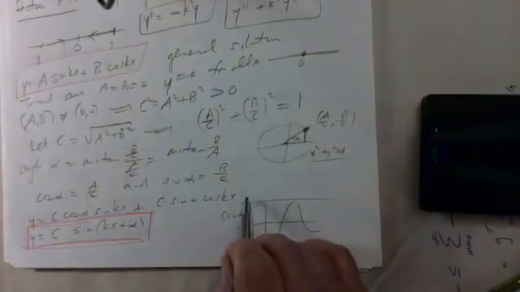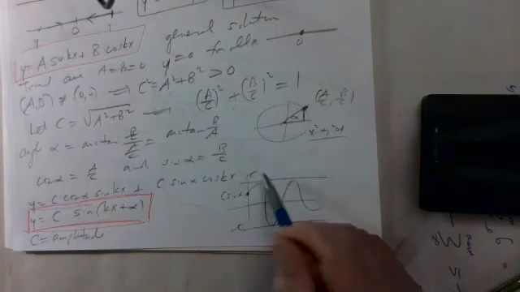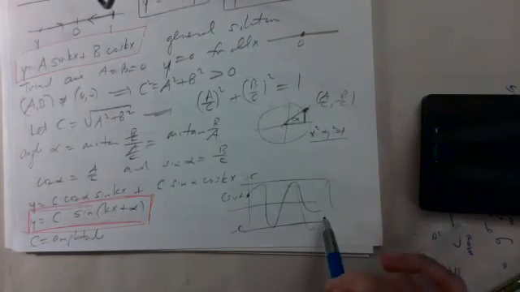The maximum value is C and the minimum value is minus C. So C is called the amplitude of this oscillation. It's oscillating between plus C and minus C forever.